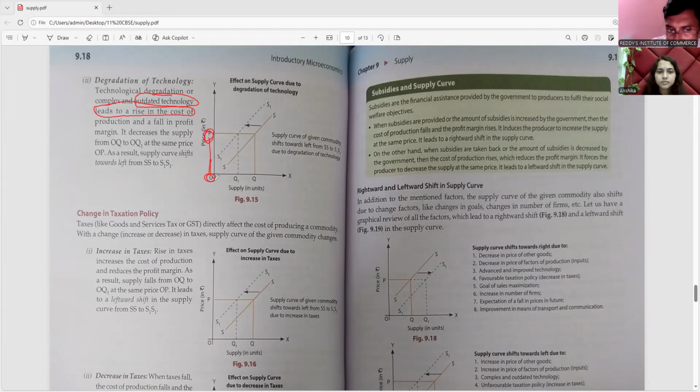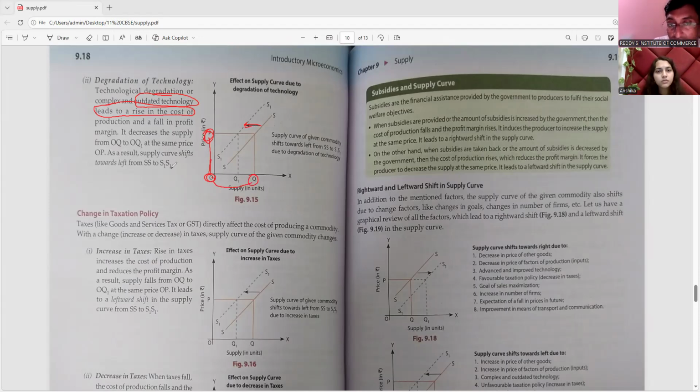In the earlier scenario, you were manufacturing OQ quantity, but after that the machinery became old, and you are using old technology. So your supply will be reduced because you are not manufacturing more commodity. Automatically your supply will decrease. It moves to the leftward side.